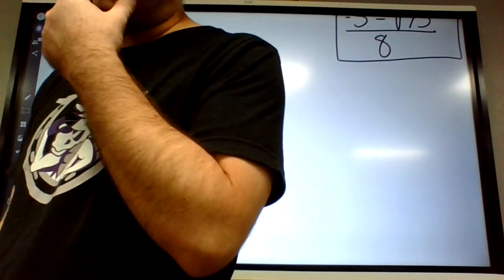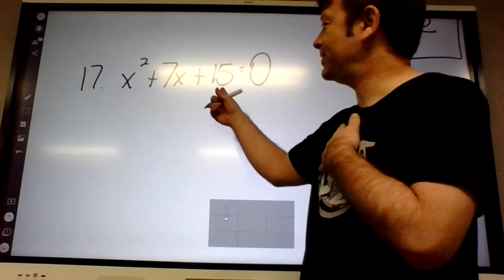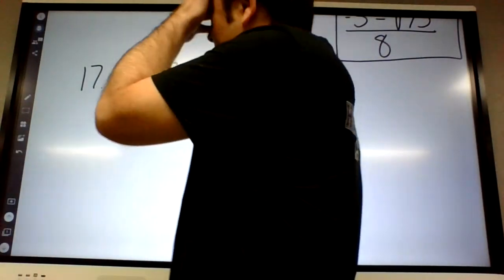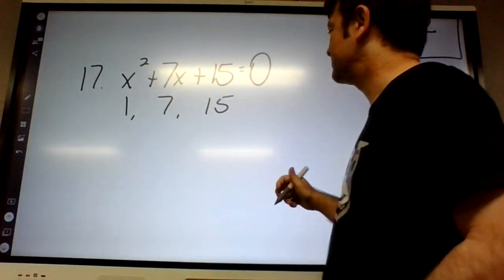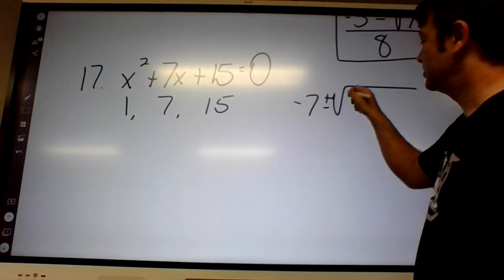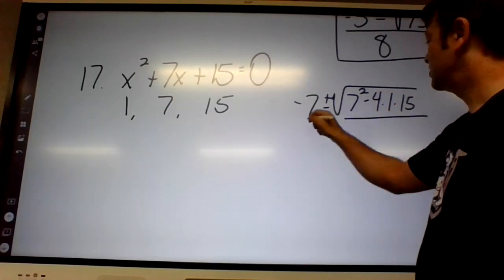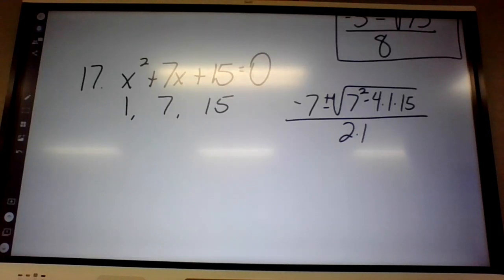Does 17 factor? Like what goes into 15 is 5 and 3. Does that add up to 7? No. So we're gonna have to do the quadratic formula again. So negative b plus or minus the square root of b squared minus 4ac, over 2a. This one your calculator will say error on.